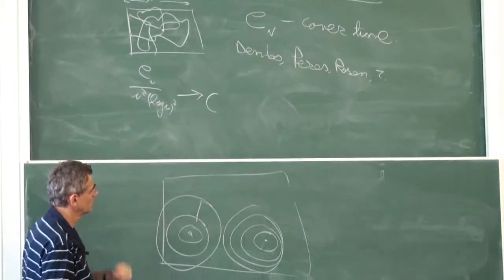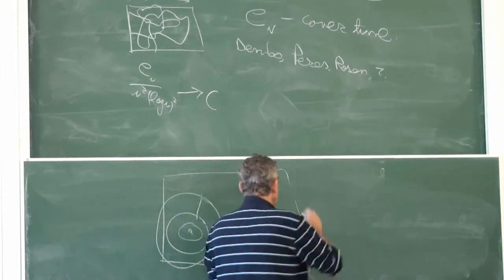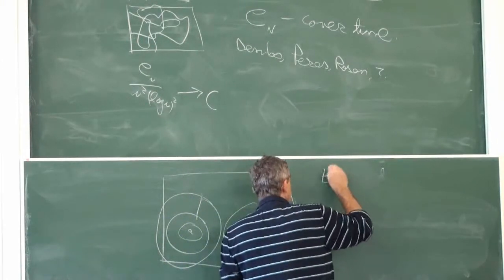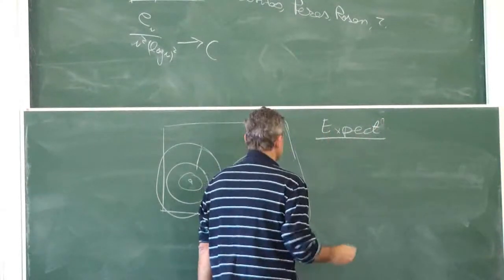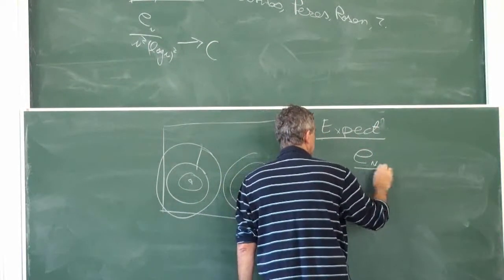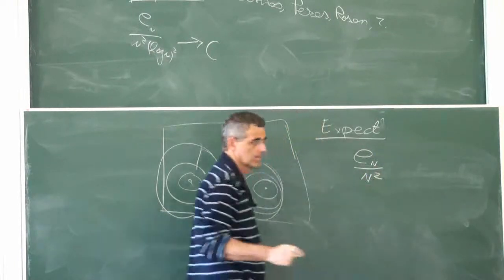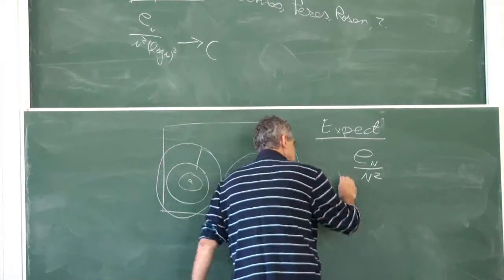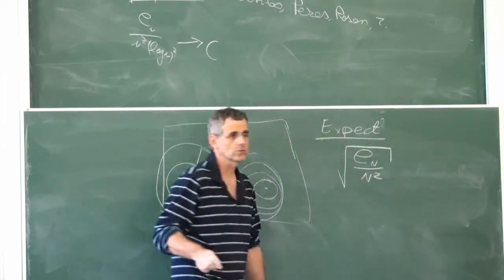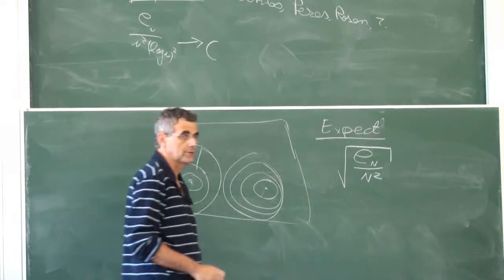So this construction worked very well for the law of large numbers. And in fact, by analogy with this picture, what you expect is that the cover time divided by n squared, but actually not this quantity, the square root of this quantity is tight.